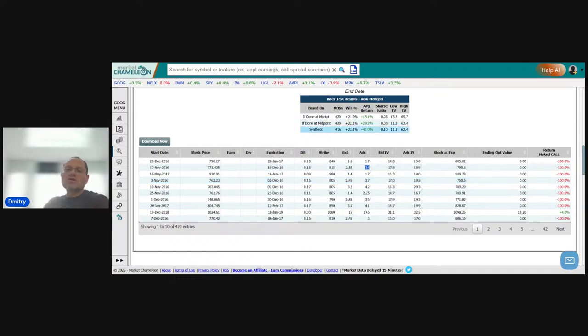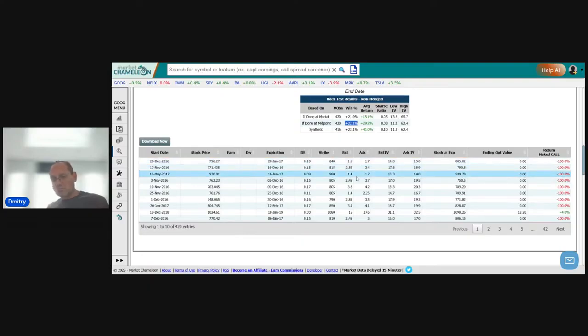Okay, so here we see if you did it on the offer, the win rate was 21.9%. If you did it at the midpoint, it was a little bit higher, 22%, which makes sense because if you were able to purchase it at the midpoint, which is cheaper than the ask, then theoretically you should have a higher win rate because the stock needs to increase by a smaller percentage.